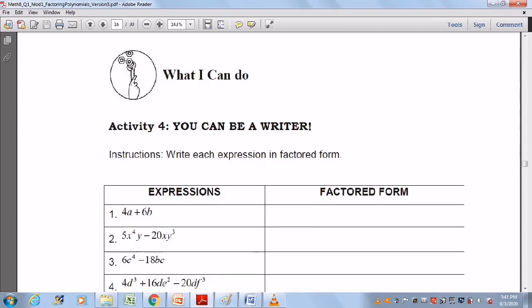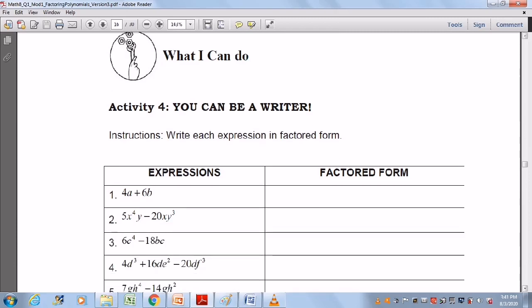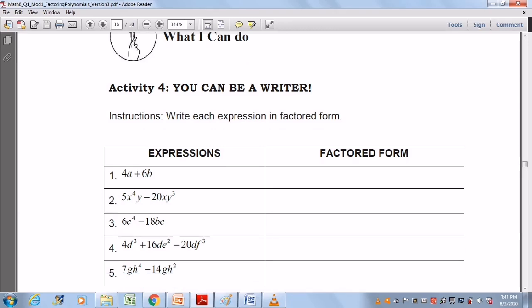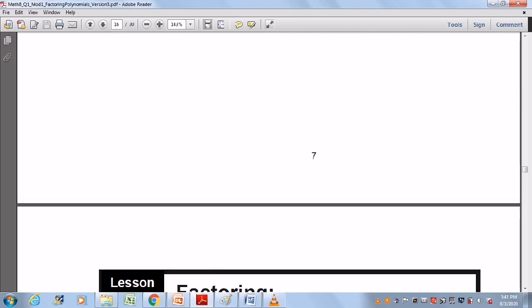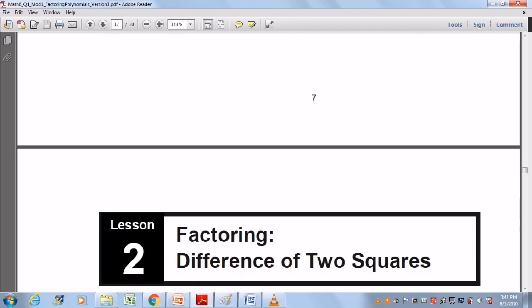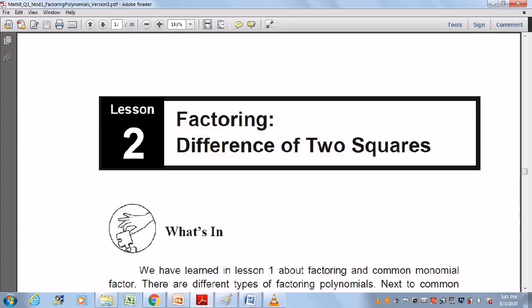And then, what I can do, you can be a writer. So, this is the time that you need to write each expression in factored form. So, ngayon, once na-establish na yung lesson and then nalaman mo na kung paano mag-multiply, kung paano makuha yung factors, and then nakita na yung step by step kung paano siya sinolve, it's your time to give the factored form. Yan. So, makakapagsulat ka na or makakapagsagot ka na.